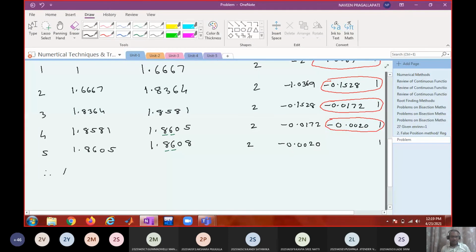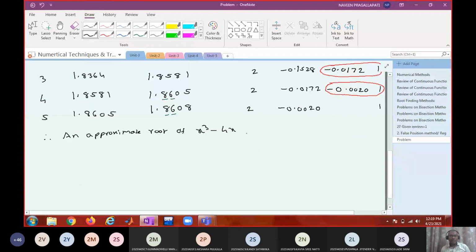Therefore, an approximate root of the equation x cube minus 4x plus 1 equal to 0 is 1.8608, corrected to two decimals.